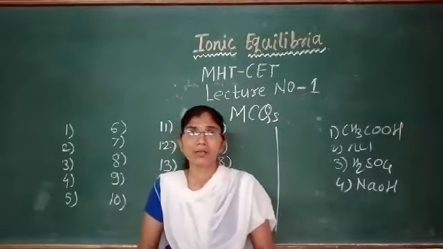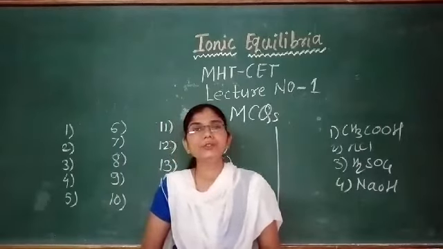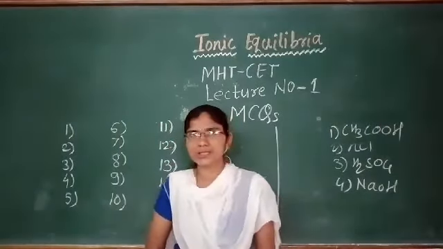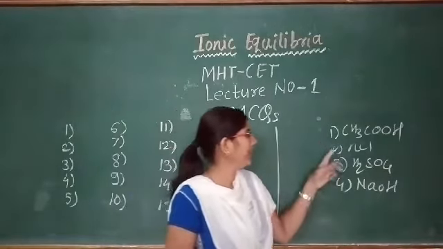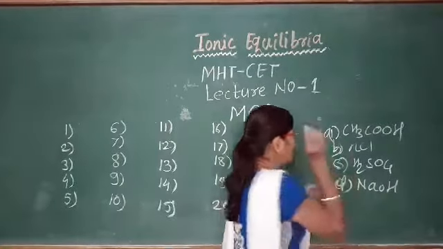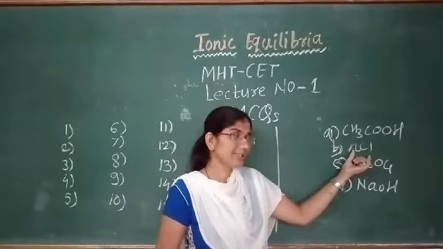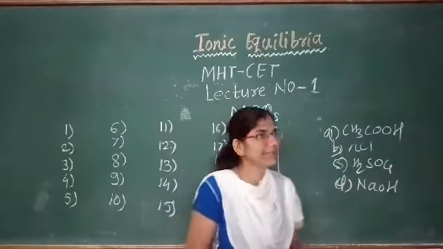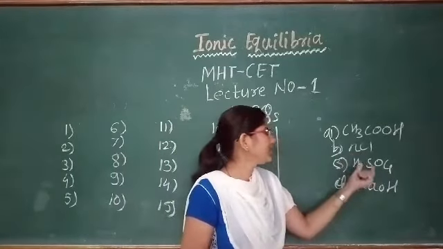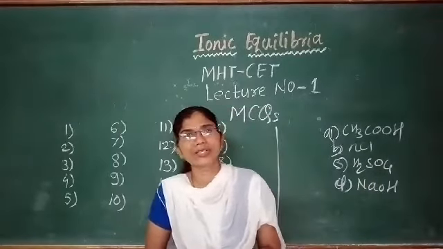Strong electrolyte means it dissociates completely into its ions. If we see the four options A, B, C, D, we have acetic acid, HCl, H2SO4 and NaOH. And if we see carefully, HCl, H2SO4 and NaOH are strong electrolytes.